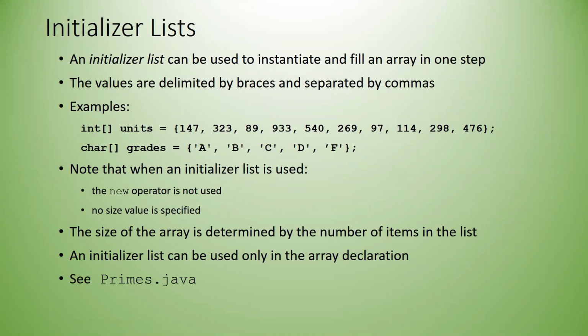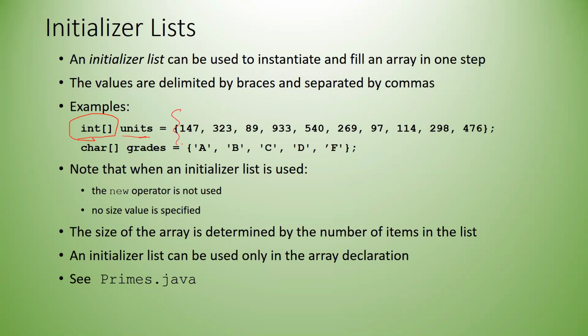Okay, let's go on. Initializer lists. An initializer list is like this. You have the array type and the array name. Instead of using the square brackets to assign values one by one, if you know the values already, you will just give the values.